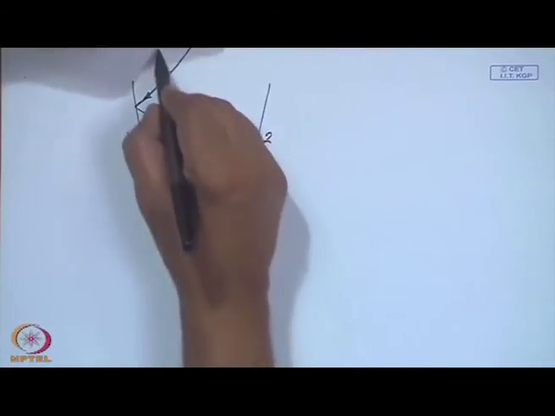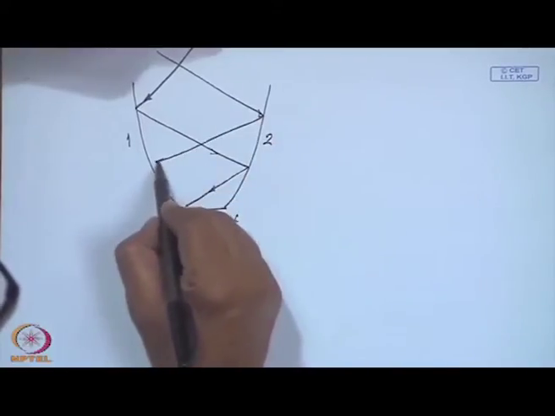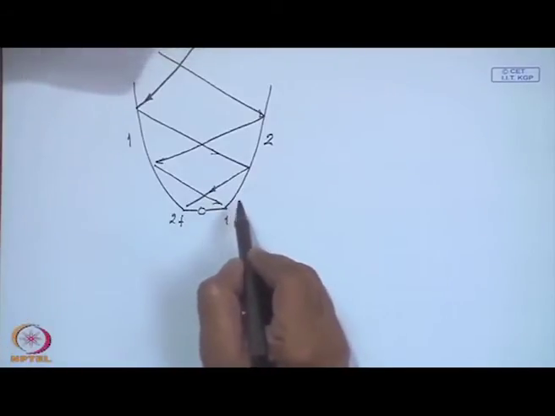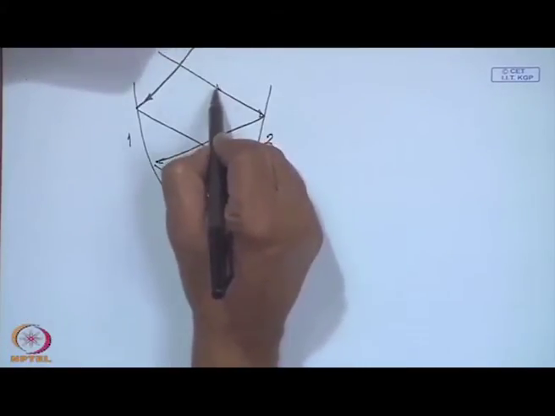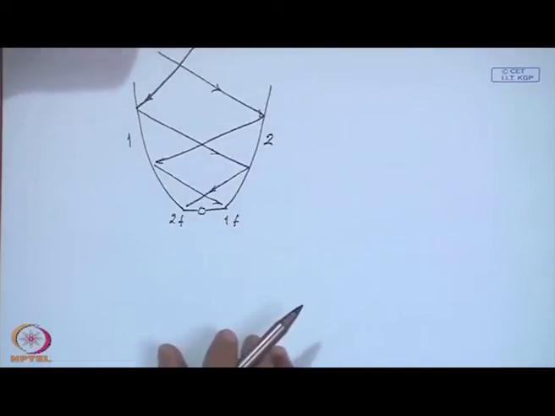Similarly, any ray that is coming on to this, after multiple reflections, will reach the focal point of 1, right. So, depending upon the height, length, etc., how many reflections it will be having.